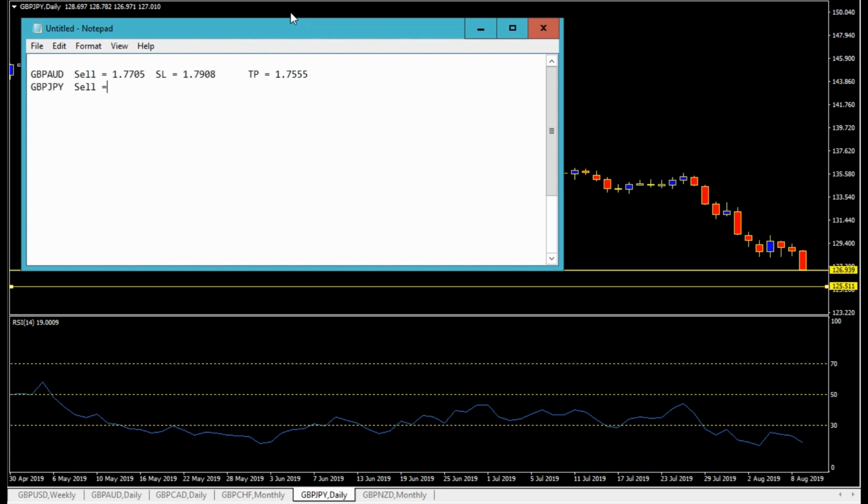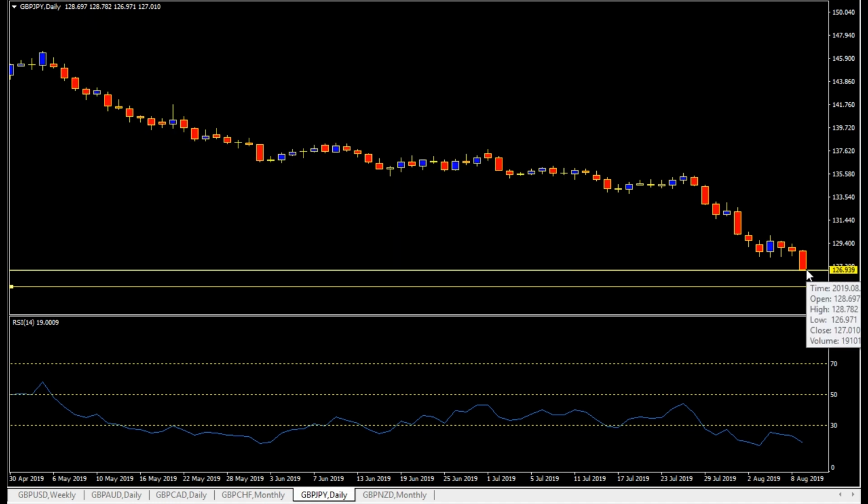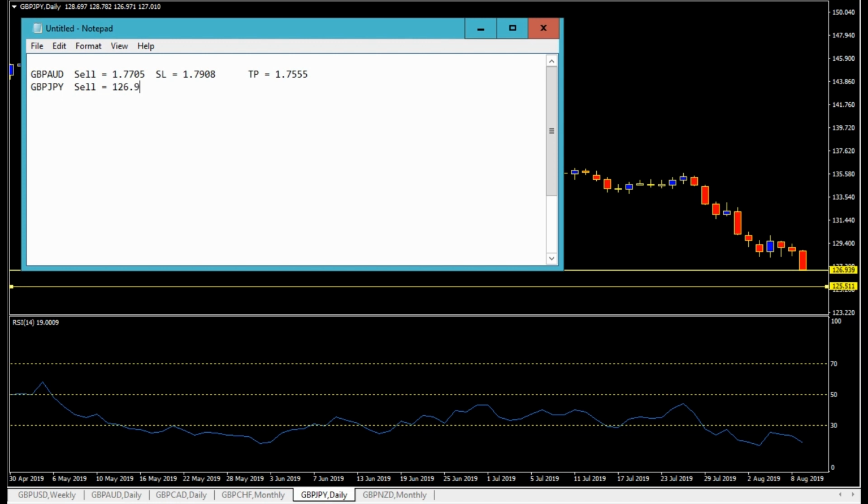Sell at 126.92. Then the stop loss is going to be on the top of it, which is the high.